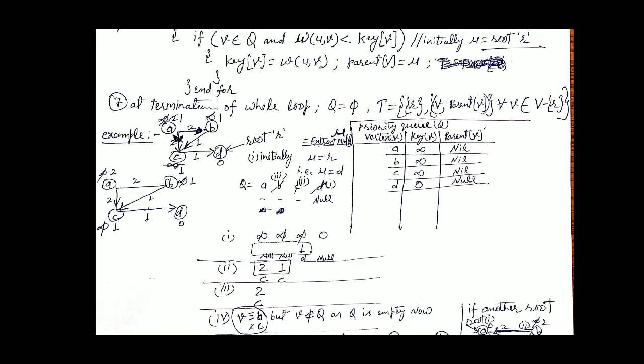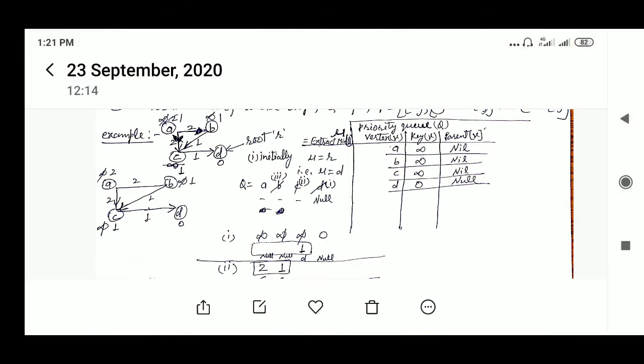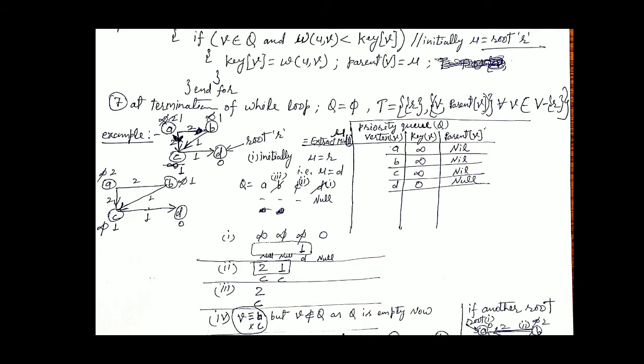Initially root has the minimum key value, so in u we will take the vertex d. After taking d into the vertex u, we will find out whether there are some vertices in the graph which are adjacent to u, that is d.